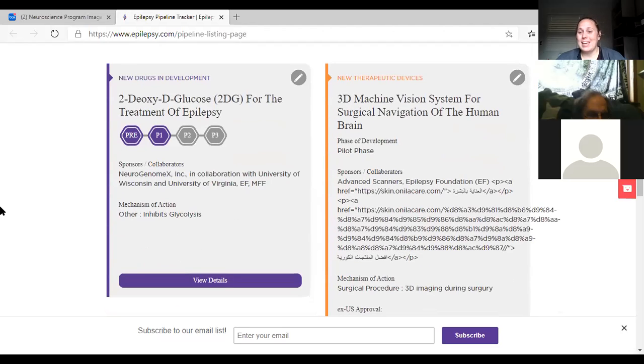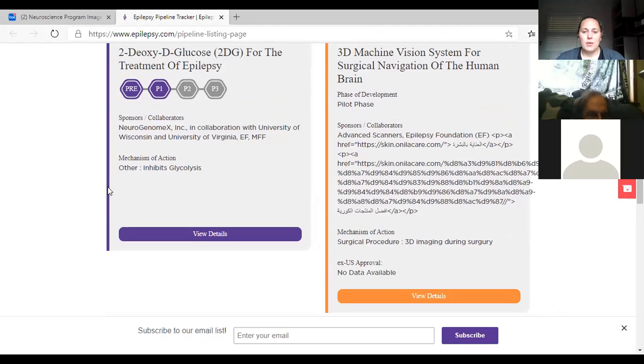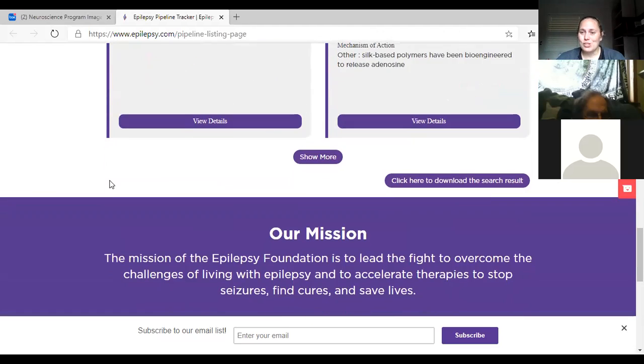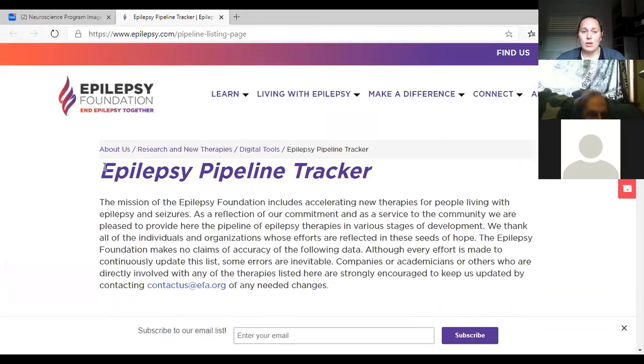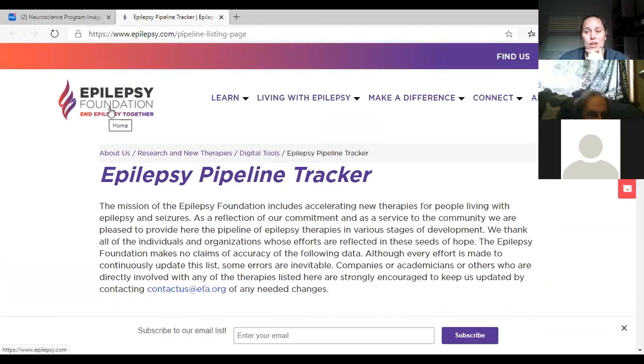I think it's important that you recognize that there are constantly new drugs being tested, hopefully with fewer side effects, a higher level of specificity, or a more targeted mechanism of action. So this website, if you're interested in staying on the forefront of the research for this particular disease state, might be worth checking out.